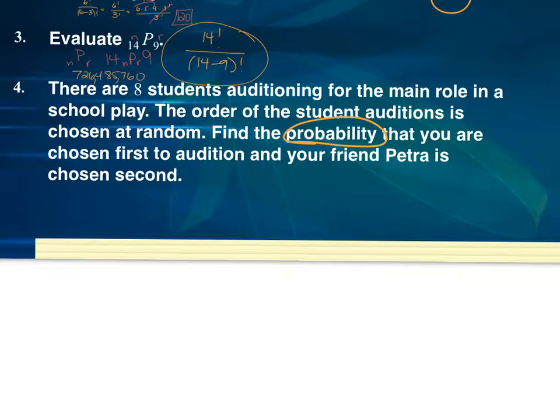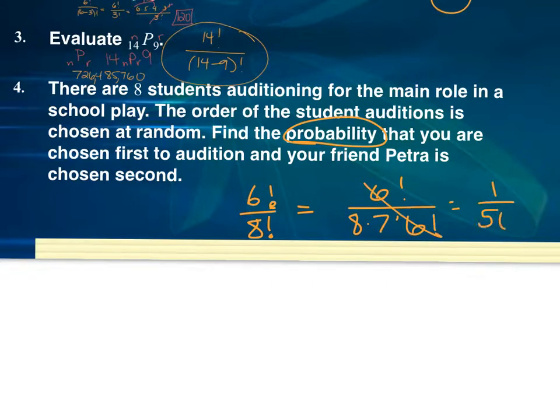If there's 8 students, then the bottom is going to be 8 factorial. And then if I'm sticking me in the first spot and Petra in the second spot, how many other spots are there for me to figure out? 6. So this would be 6 factorial over 8 factorial, which becomes 6 factorial over 8 times 7 times 6 factorial, or 1 over 56.